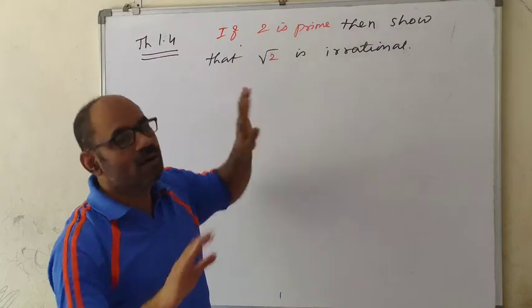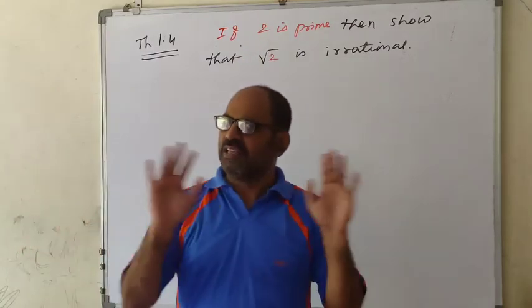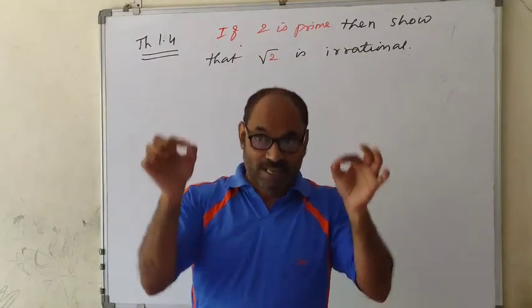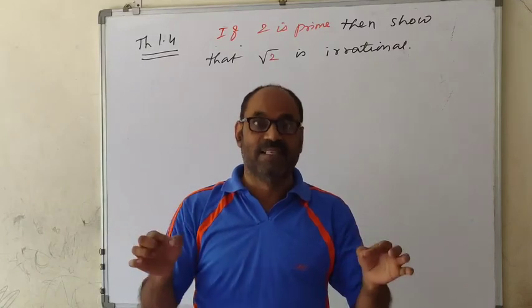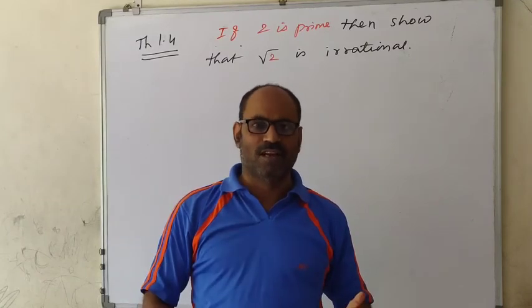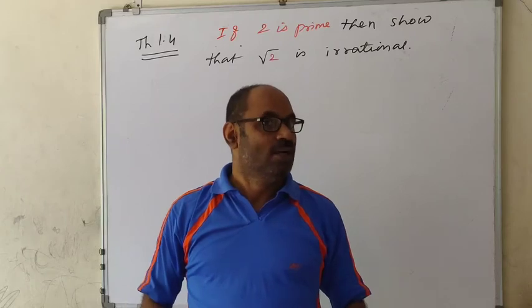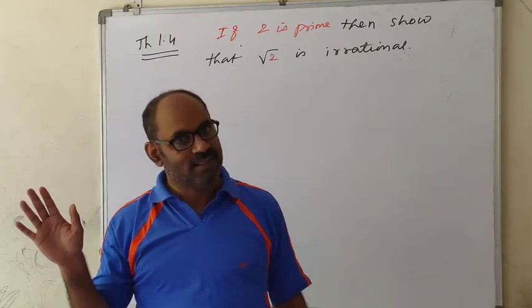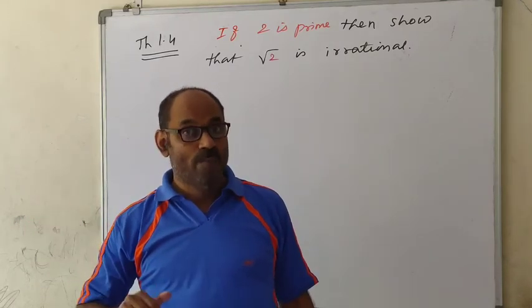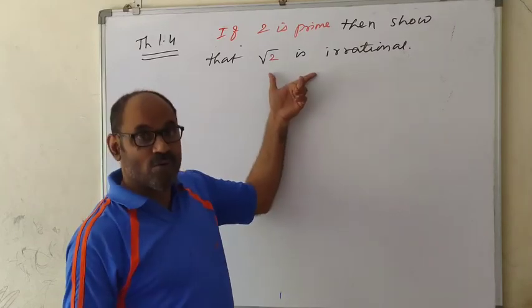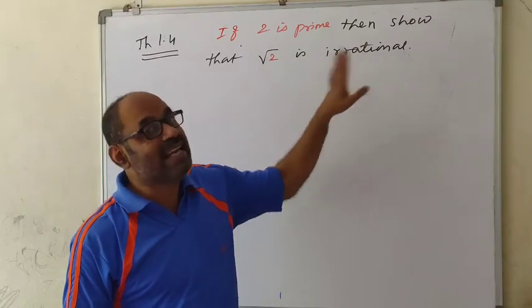What is given? 2 is prime. That's it. Nothing else is given. You can start with that given statement, use logical reasoning, and at the end show that root 2 is irrational.